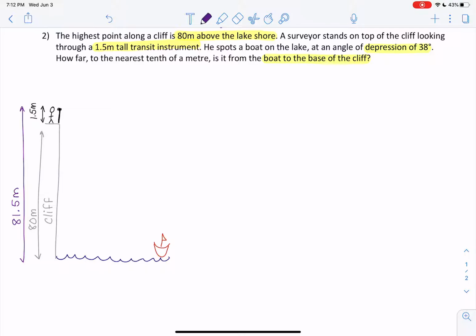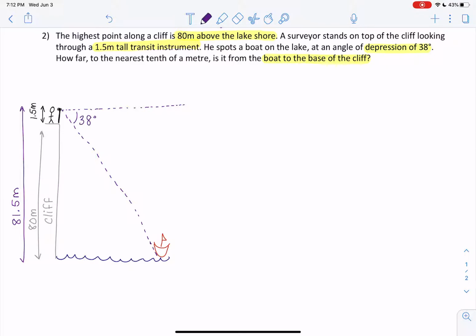So we measure them from looking straight out like this and how far their chin moves down towards the boat. Sorry, my line's not very straight, but I think you get the point. So this angle is 38 degrees.